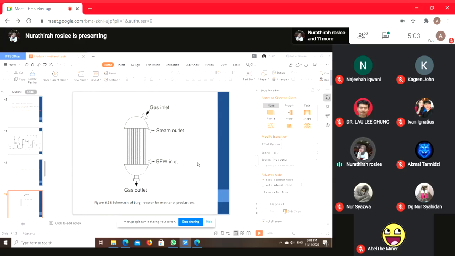The Lurgi reactor is nearly isothermal. The heat of reaction is directly used for steam generation. High pressure steam is about 40 bar, which is used to drive the compressor and subsequently as distillation steam.